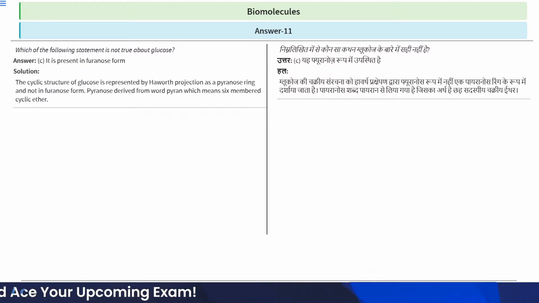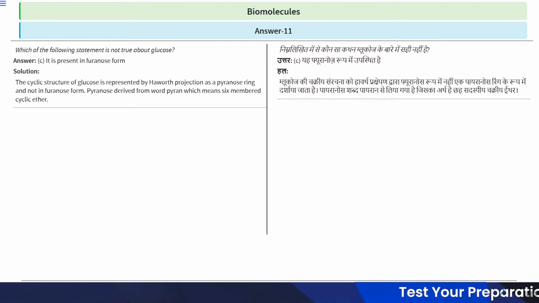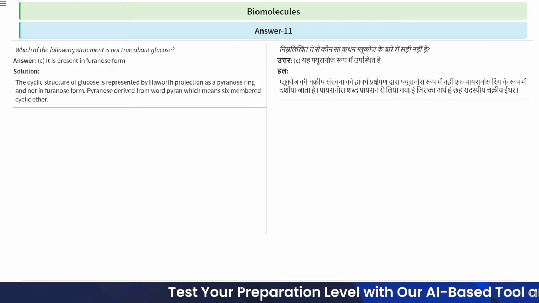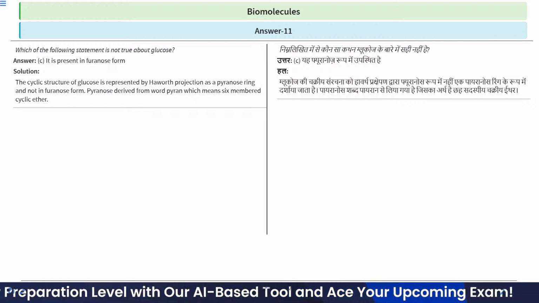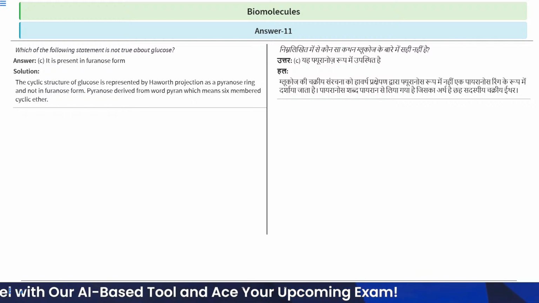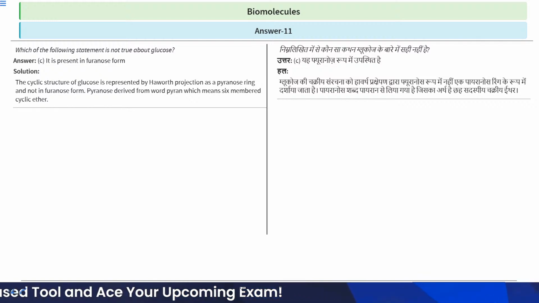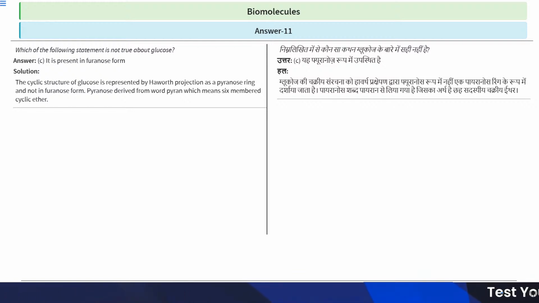Pyranose is derived from the word pyran, which means six-membered cyclic ether. So the cyclic structure of glucose is related with pyranose because it is represented by the Haworth projection as a six-membered pyranose ring, and not in the furanose form.